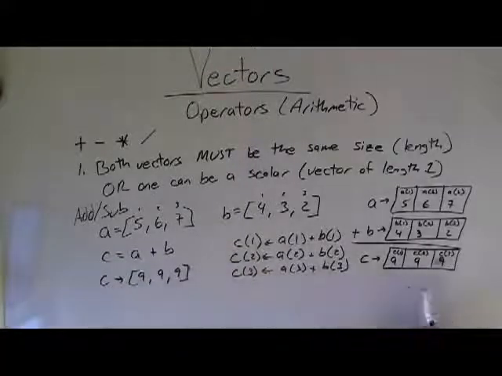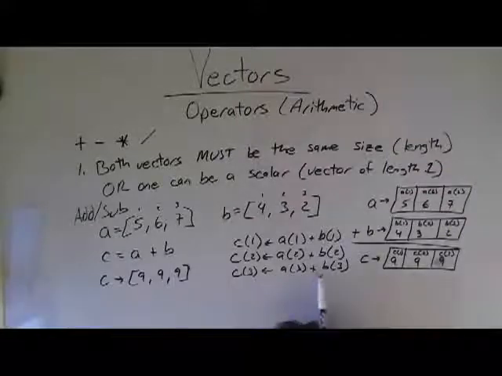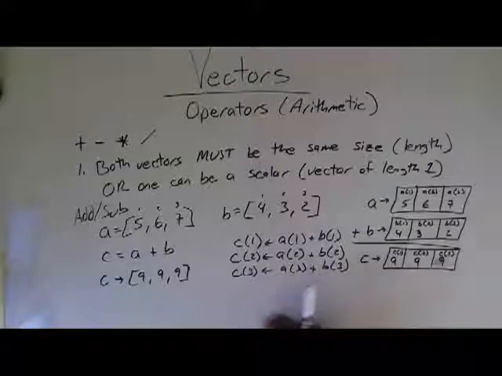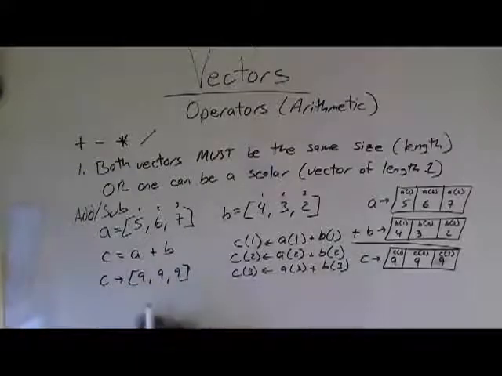I did that step by step because if you get this concept, it holds true for addition, subtraction, multiplication, and division. That's the basic of how you add and subtract vectors.